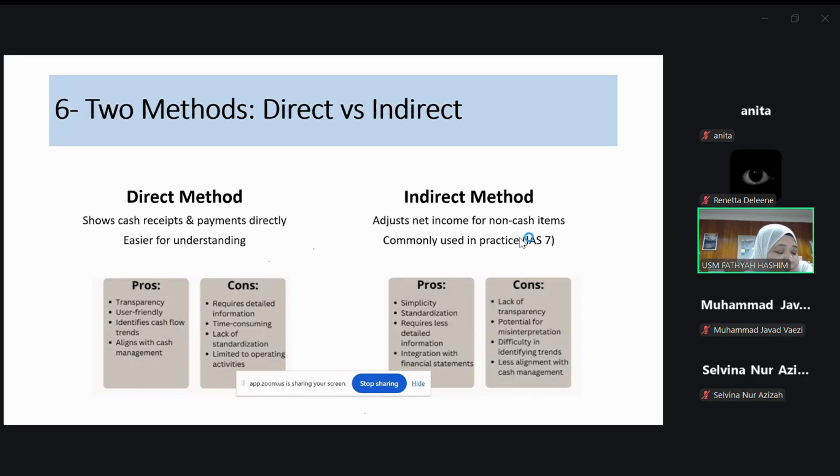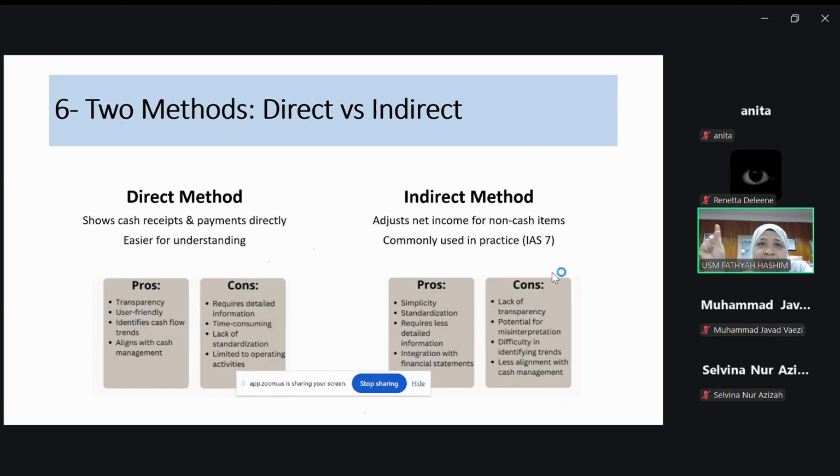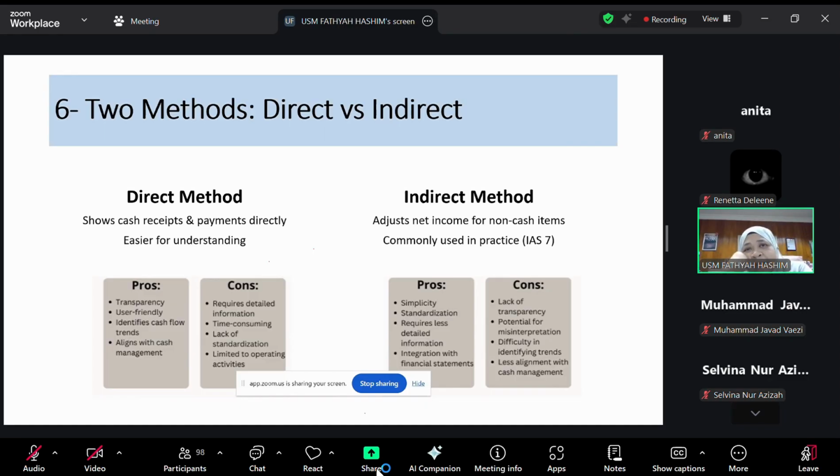and it is preferred by many companies because it connects the income from the income statement and also the balances in the balance sheet, especially the cash in hand and banks item, which can be explained by the cash flow statement.